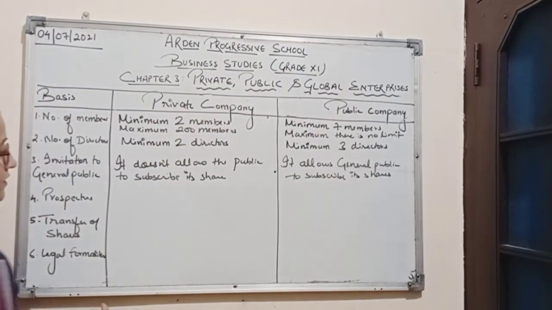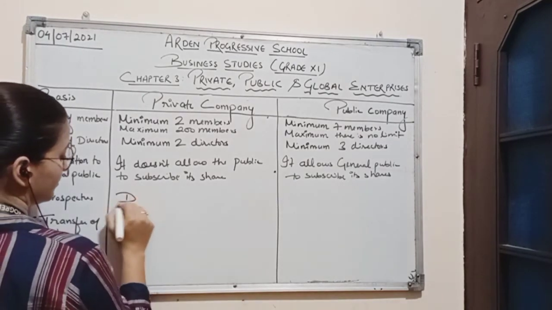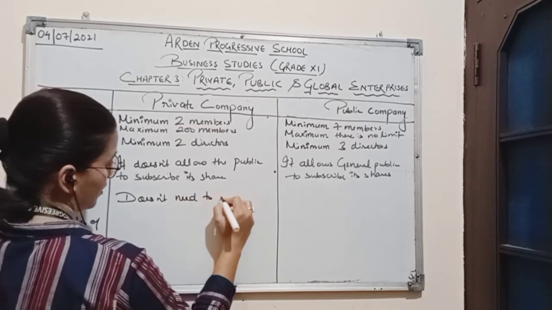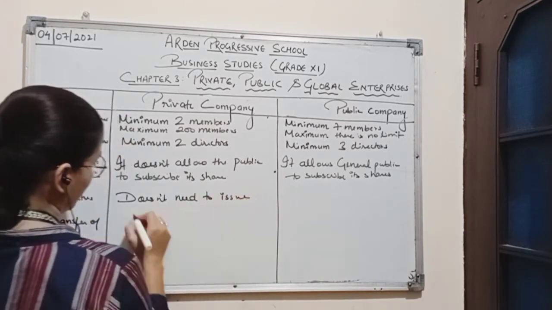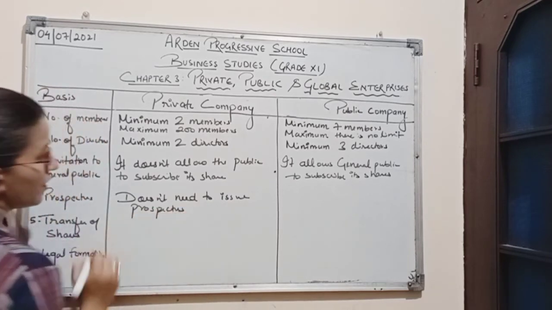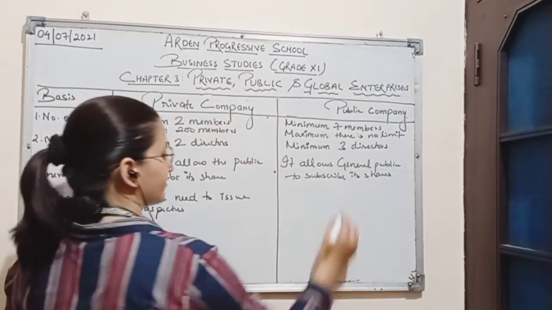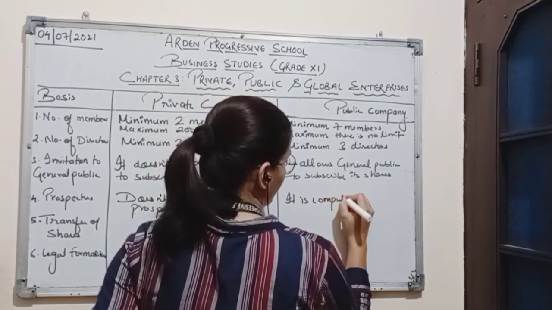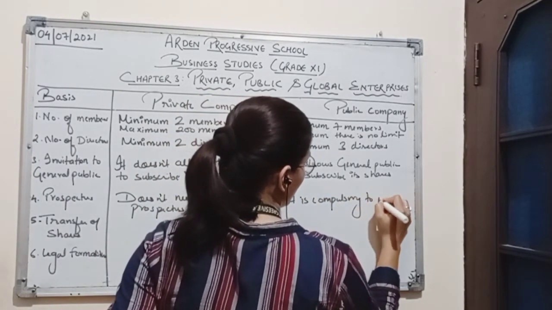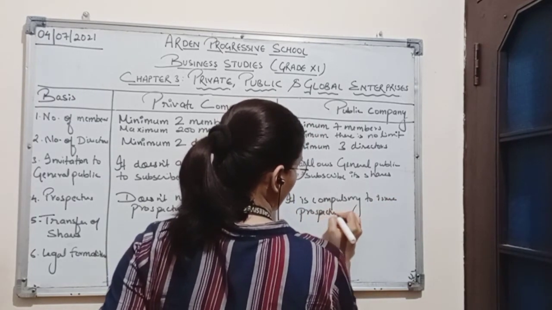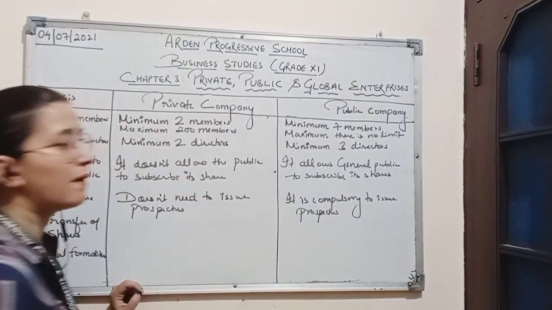Fourth is prospectus. A private company does not need to issue a prospectus, whereas it is compulsory to issue a prospectus in case of a public company.